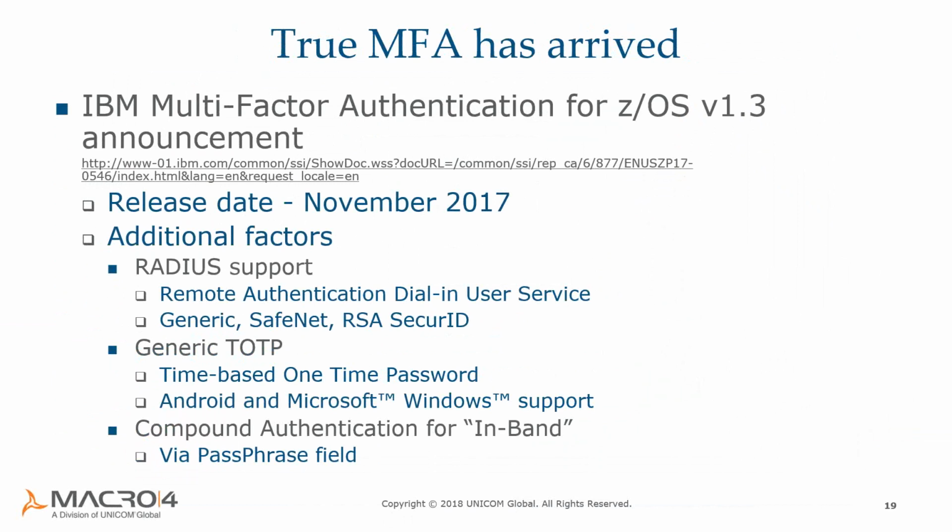On your sign-on screen now, as long as your application supports the passphrase field, you're going to enter two tokens, because it's now compound. You're going to put in your RACF password and the token that's come out of your other authenticator. And of course, that's going to be longer than 8 characters. So you have to have the passphrase field, which is 100 characters, in order to implement this.